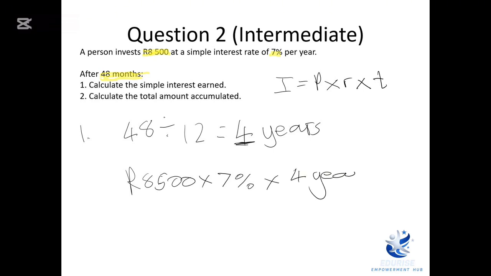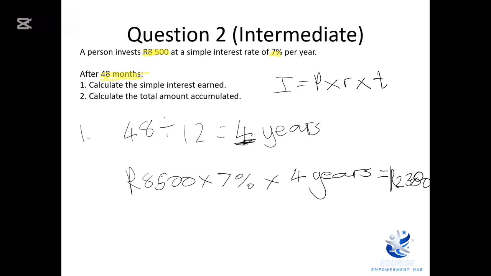If we punch 8,500 multiplied by 7% multiplied by 4 into our calculator, it should give us 2,380 rands. Now we have the simple interest earned.